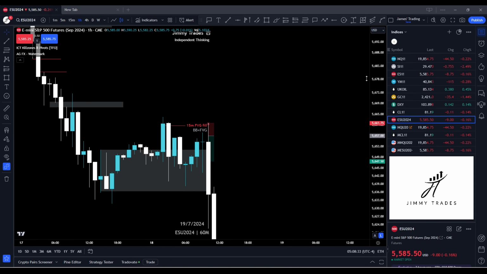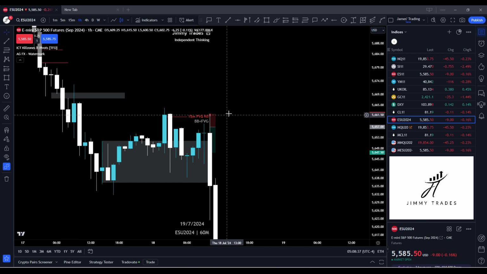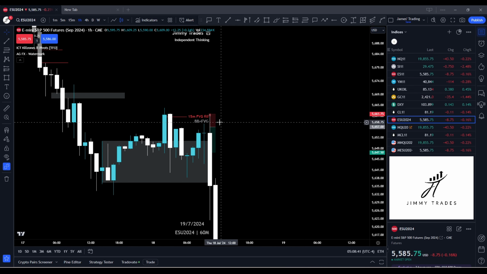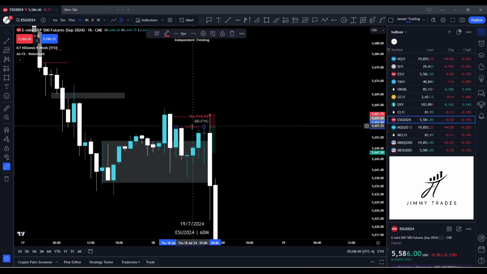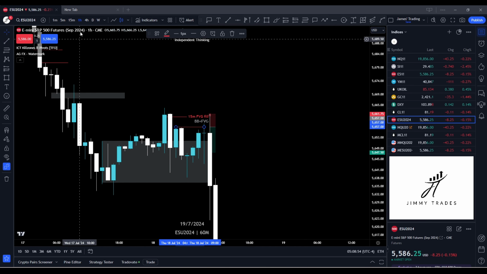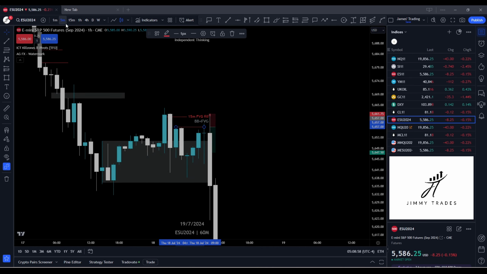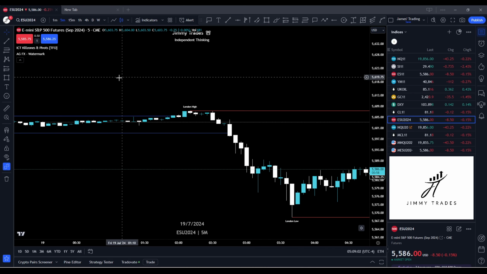So did we get a sweep on the lower time frame into a higher time frame on the hourly? We had a sweep of an hourly swing high here. But the entry was on the 1 minute. So was there a position on the 5-minute chart?